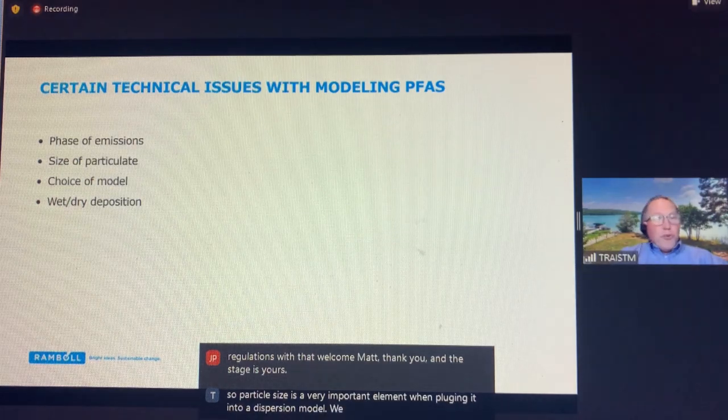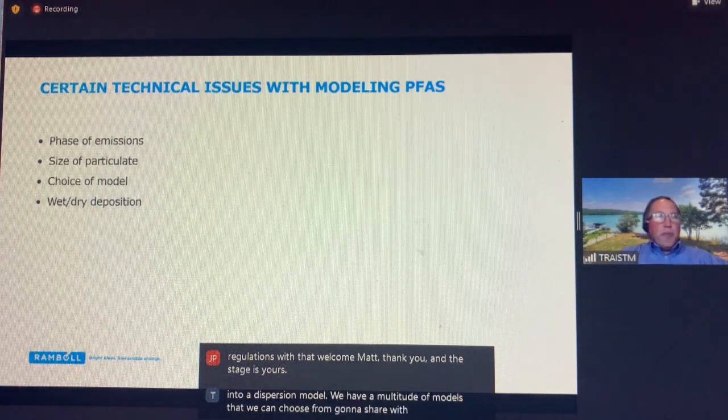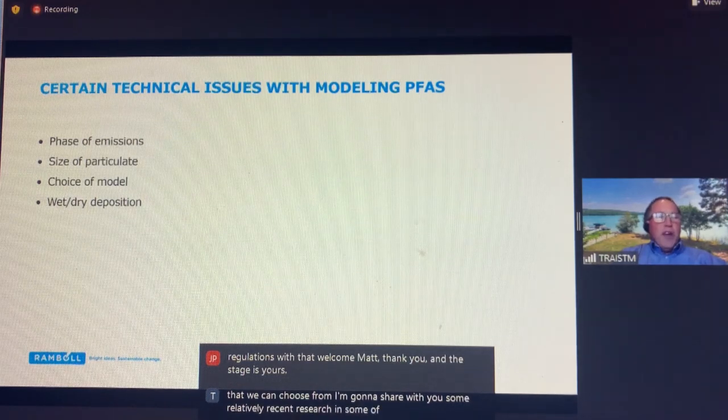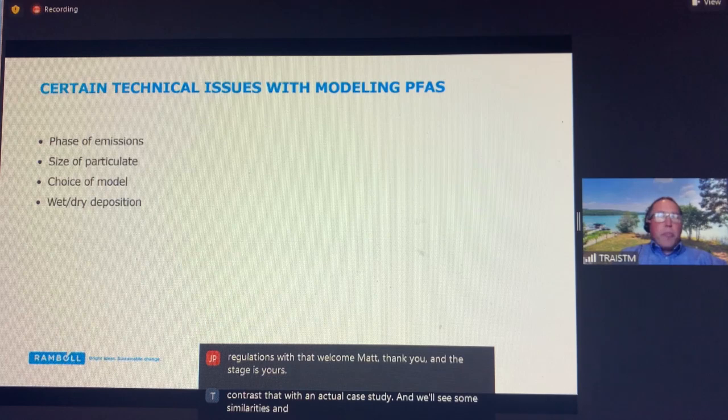We have a multitude of models that we can choose from. I'm going to share with you some relatively recent research and some older research, and then compare and contrast that with an actual case study. And we'll see some similarities and some of the departures between the various models.